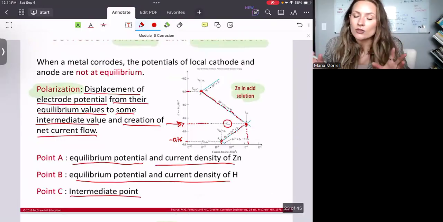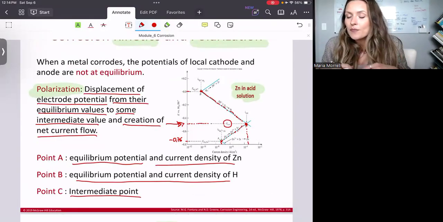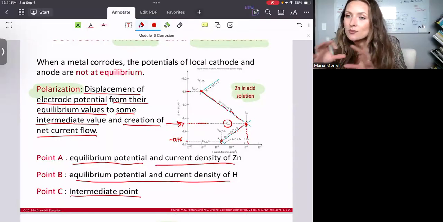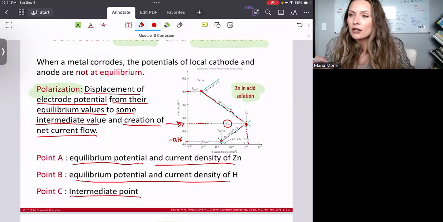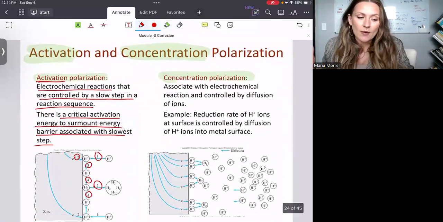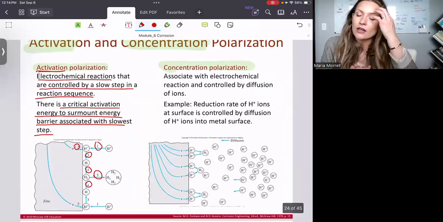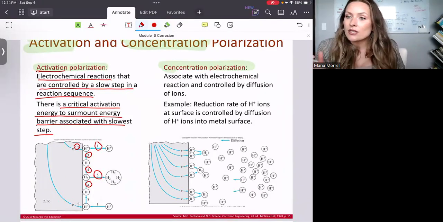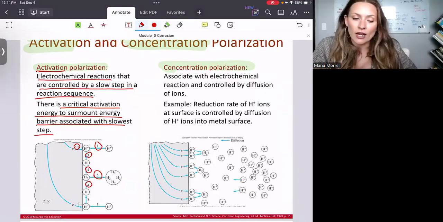If we simplify it, it basically means the corrosion process occurs with the displacement of the potential from the equilibrium points. Now, activation polarization is controlled by the slowest step in the series of steps associated with the corrosion reaction.